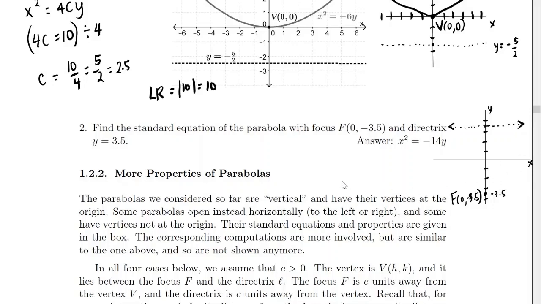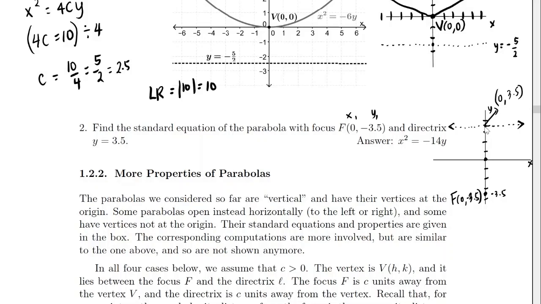Since we know that the vertex is the midpoint of the focus and a point on the directrix, we will use the midpoint formula. The focus is (x sub 1, y sub 1), and a point on the directrix is (0, 3.5).